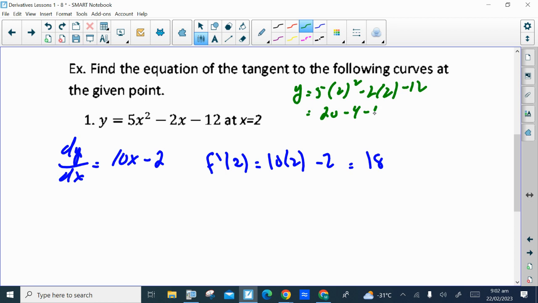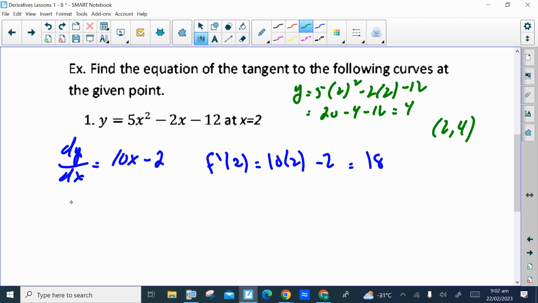Take away 4, take away 12. So that'll be positive 4. 16, take away 12 is 4. So our point of tangency is the point 2, 4.